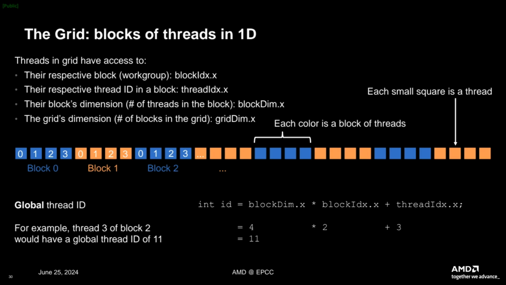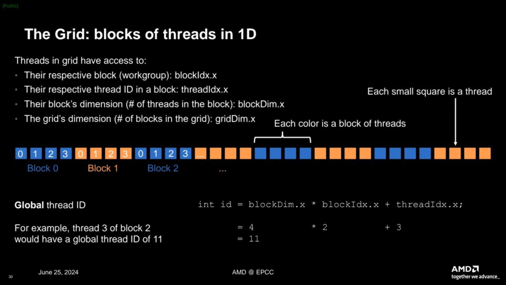Just to visualize this briefly, in this slide here, there's a one-dimensional grid, but you could have 2D or 3D grids as well. Here you can see that the blocks are marked with different colors, blue or orange. In this particular picture, each block is composed of just 4 threads.